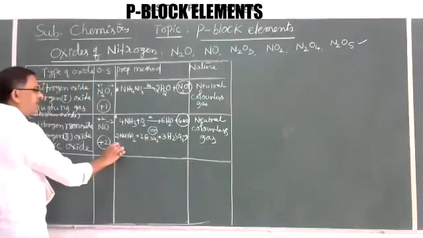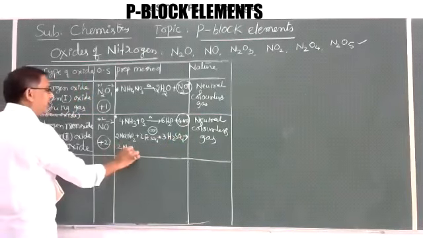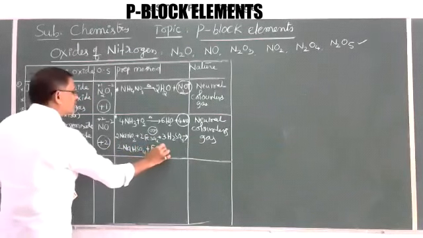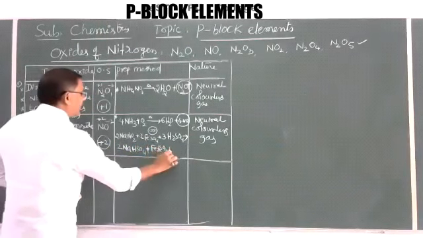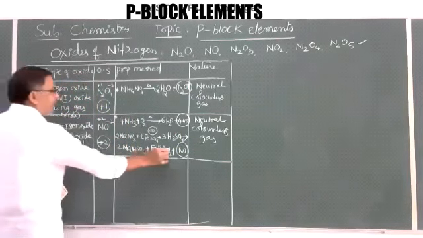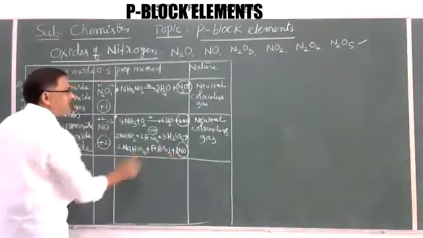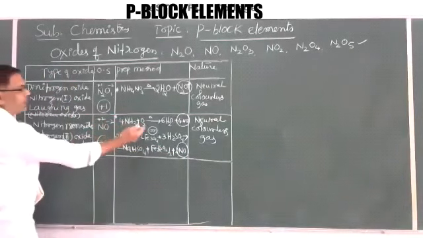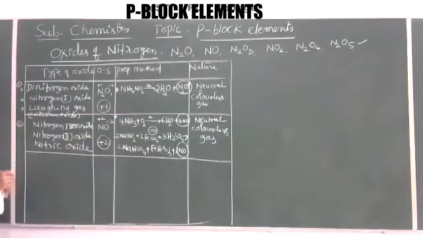It gives 2 NaHSO4 plus Fe2(SO4)3 plus 2 moles of nitric oxide. Same, it is colorless. But you remember any one method for this.